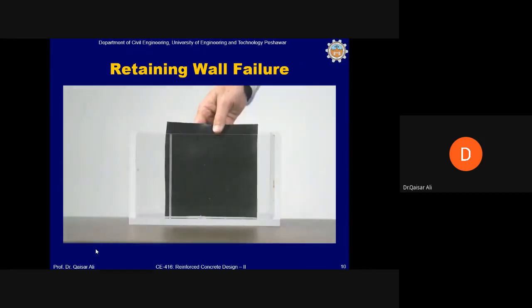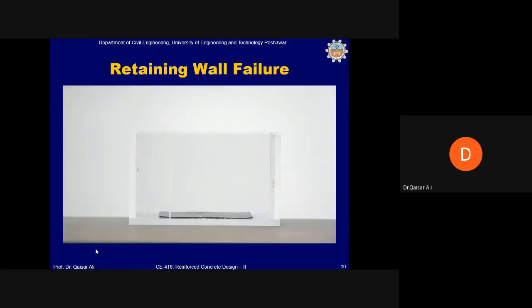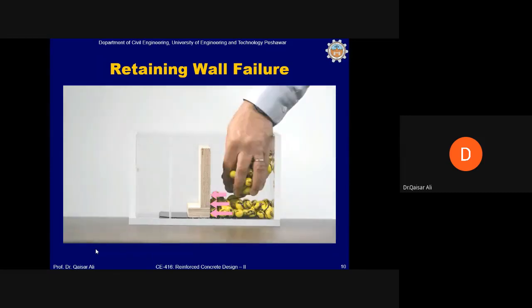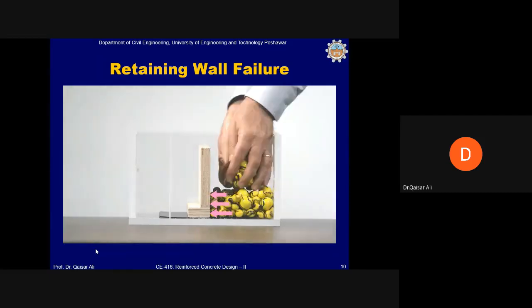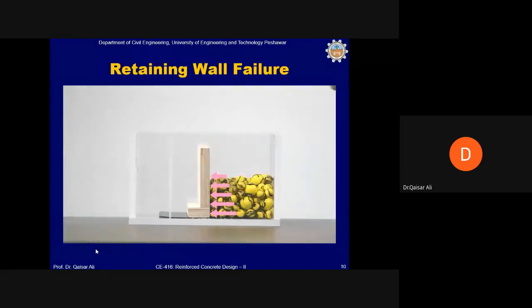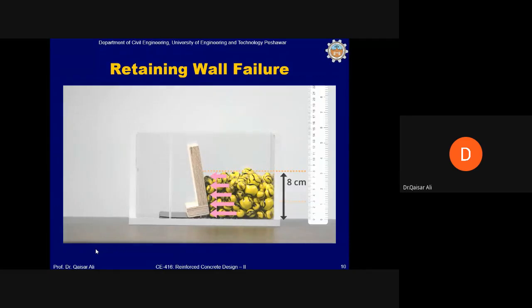In the model, we can increase the friction between the retaining wall and the base by placing a rubber mat between them. You will have to do some extra reading if you want to find out how they achieve this end in the real world. As you can see, increasing the friction allows our model wall to support a noticeably greater depth of marbles, but it still eventually fails by overturning, in this case, when the depth reaches 8 centimeters.